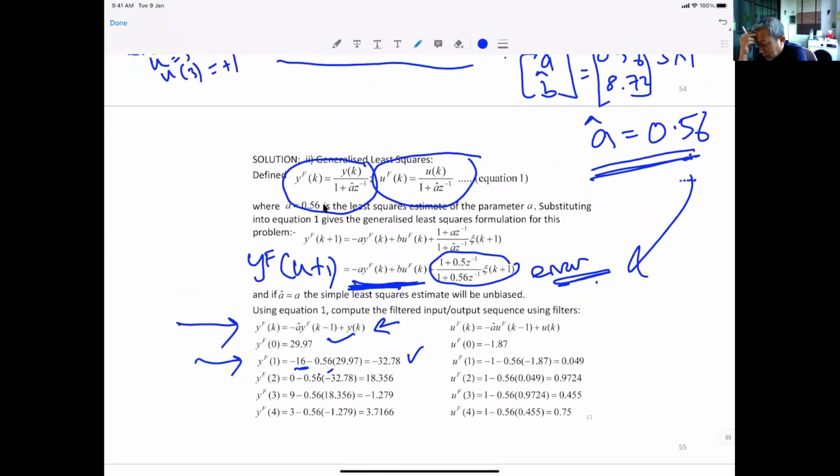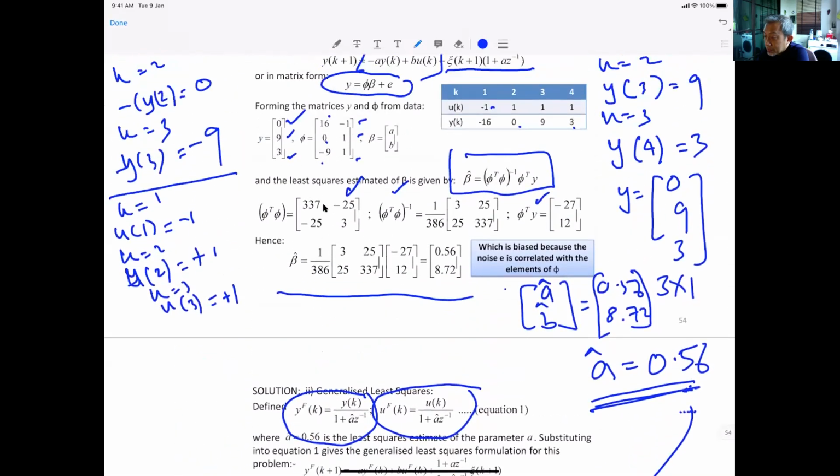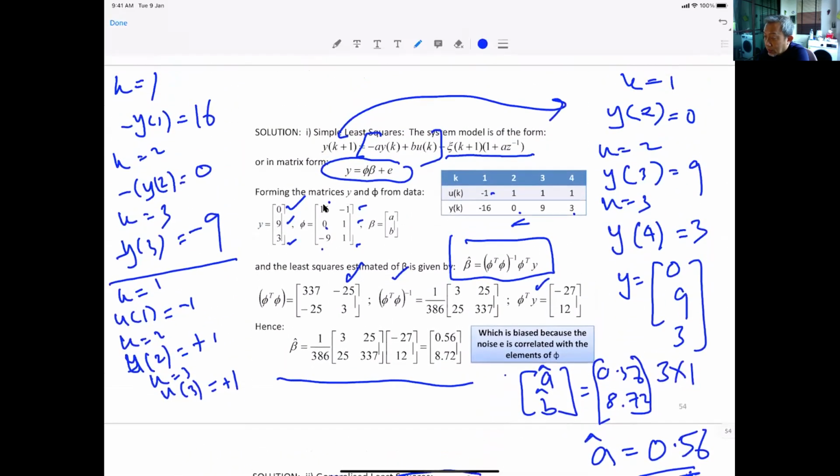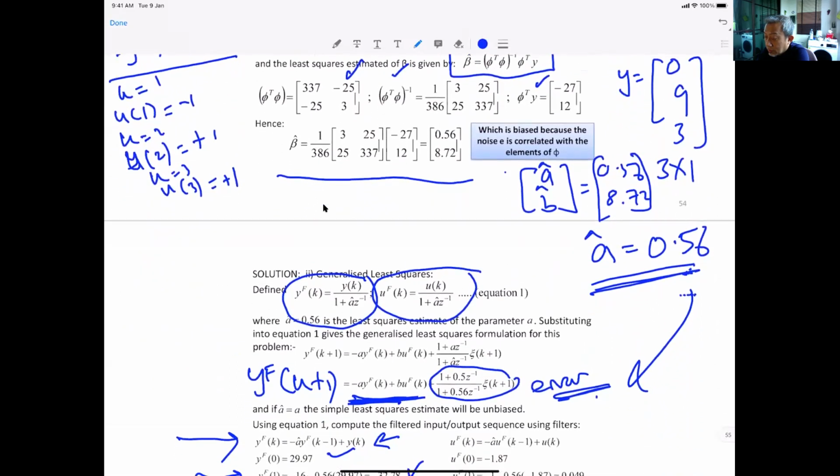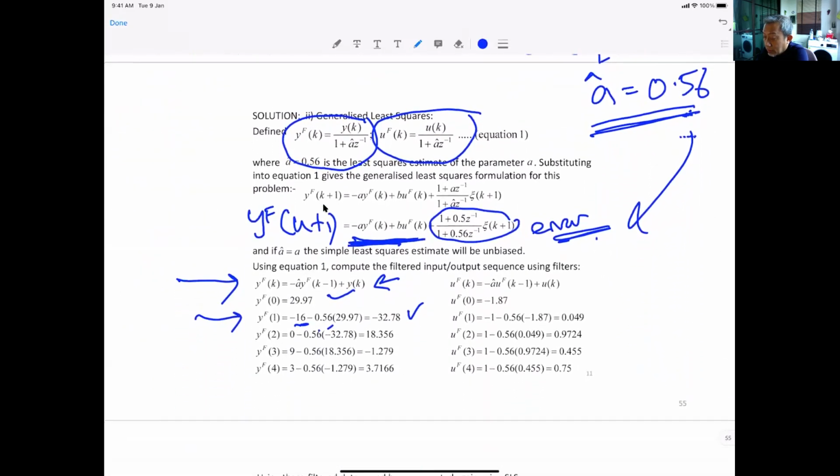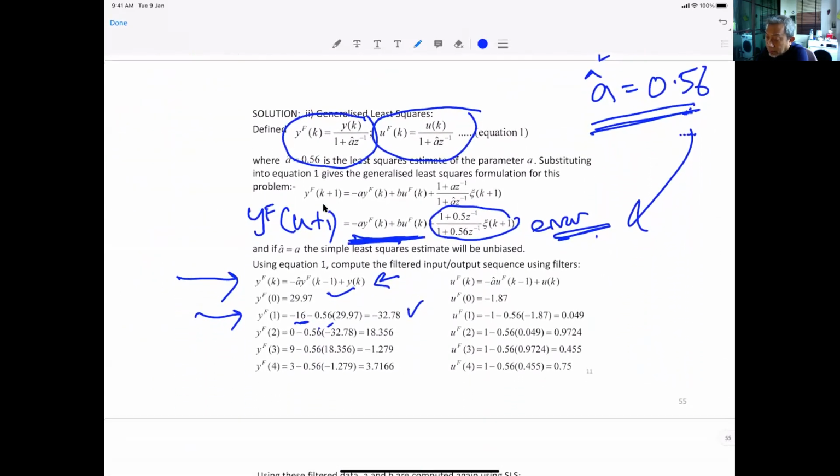Then the next step is y f2. 0 is the y2, then y2 minus A cap 0.56 multiplied with y f1. y f1 is minus 32.78. So you bring this value inside the second step and you get 18.356.